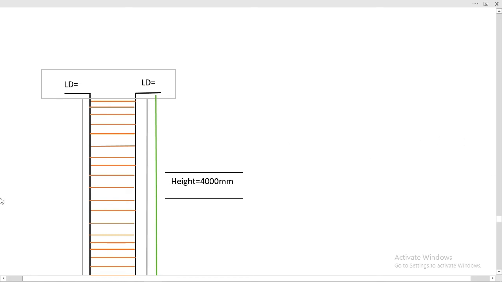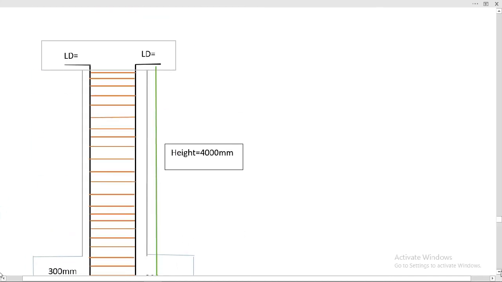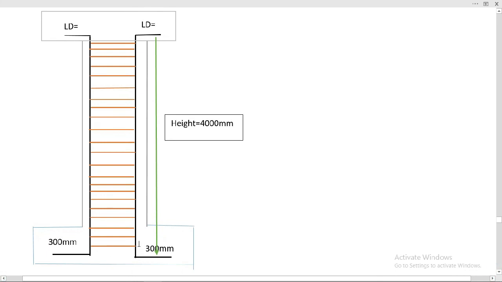And one more thing we did, this is the lapping length of the column longitudinal bars with the footing bars. You cannot see the footing bars here because we already covered the lecture on footing, so I did not show the footing reinforcement here, but these longitudinal bars of the column overlap with the footing, so we take it as 300 millimeter.